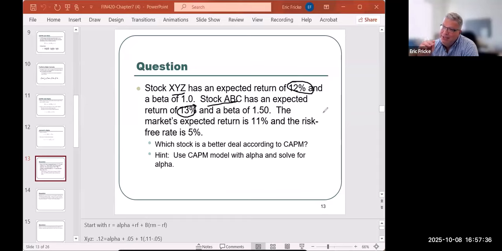And so the way to do this is we can use the CAPM model, and we're going to calculate alpha to represent which is a better one. Okay? And why do we look at alpha? Remember, in finance, we can engineer higher returns by going out on margin. We saw that back in the previous chapter.